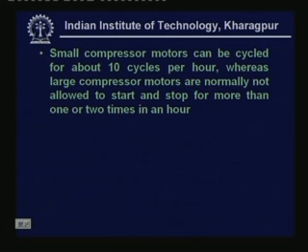This puts a restriction on the minimum value of differential. You have to have a certain minimum value of differential so that the number of on and off cycles can be within practical limits. So this is a constraint on using the thermostat for on-off control.